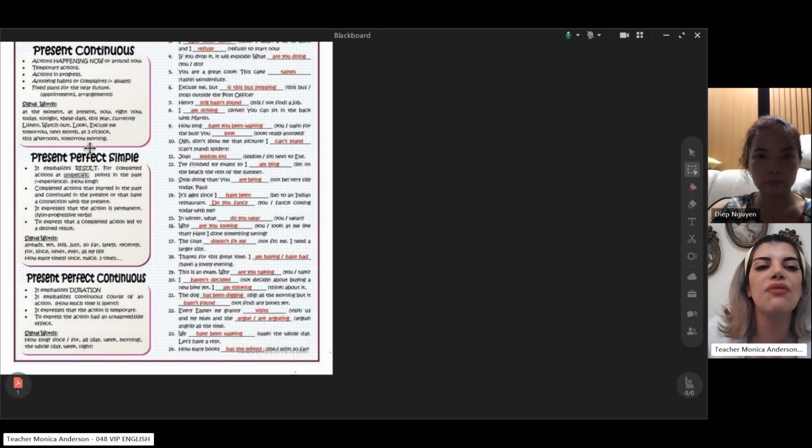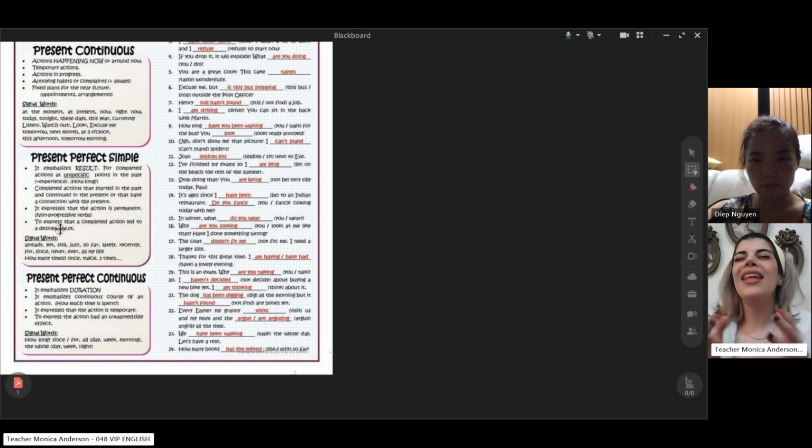We use this tense for completed actions at unspecified points in the past, for example how long, experience, or a completed action that started in the past and continued in the present, or has a connection with the present so we can see its effects. Another use is to express that a completed action led to desired results. So these are the uses of present perfect simple.